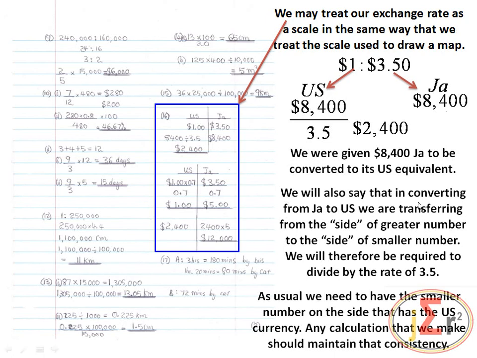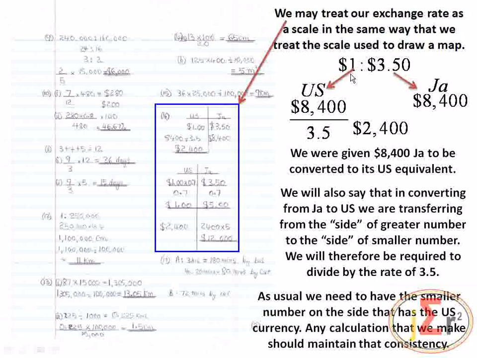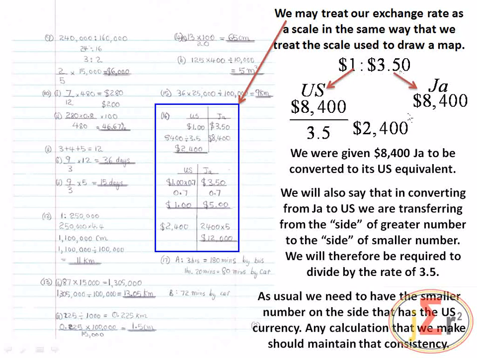If we take an amount on this side, convert it to this side, then the answer should be smaller than the one that we have on this side. If we take a number from this side, convert it to the other side, then the result that we get should be larger than the one that we had on this side, based on the numbers that we have in the scale right there.